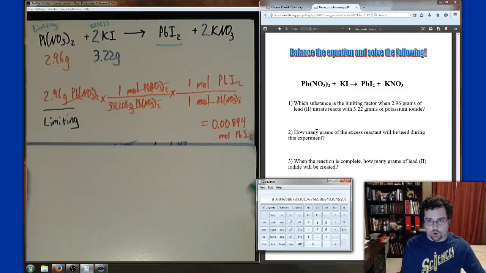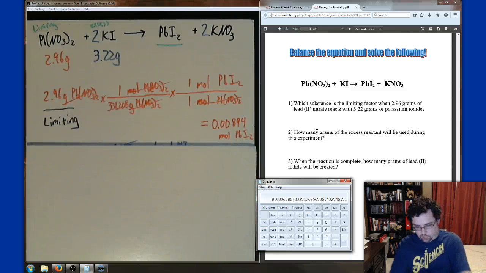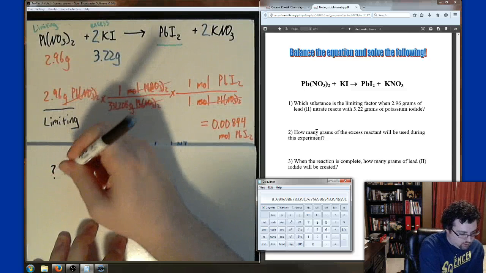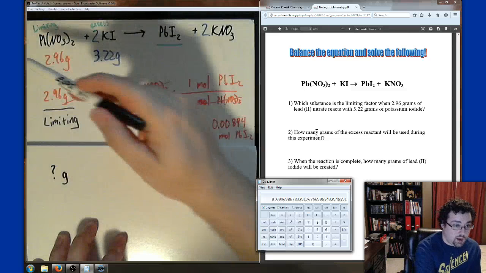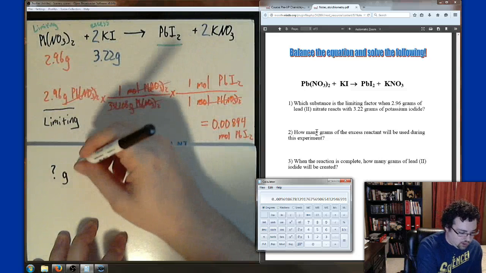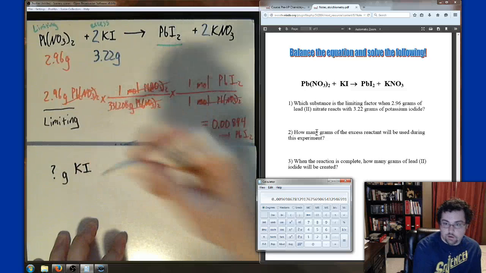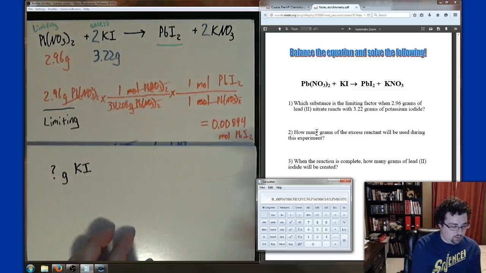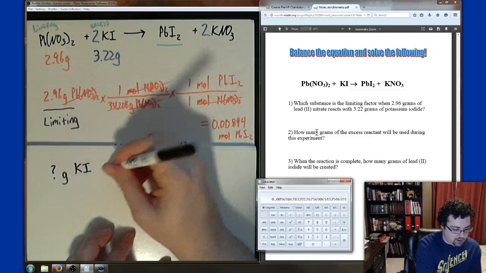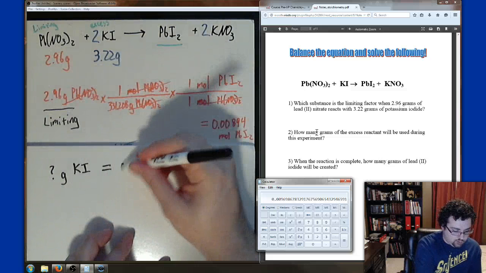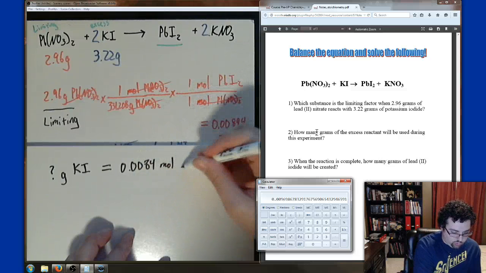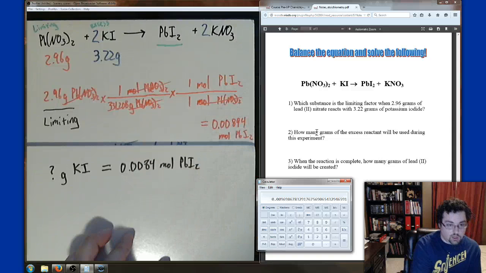Okay, so I want to know how many grams of the excess reactant will be used. If we look at the 2 reactants, the excess is KI. So how many grams of KI will be used during this experiment? How many grams of KI did it take to equal the 0.00894 moles of PbI2 that are going to get created?